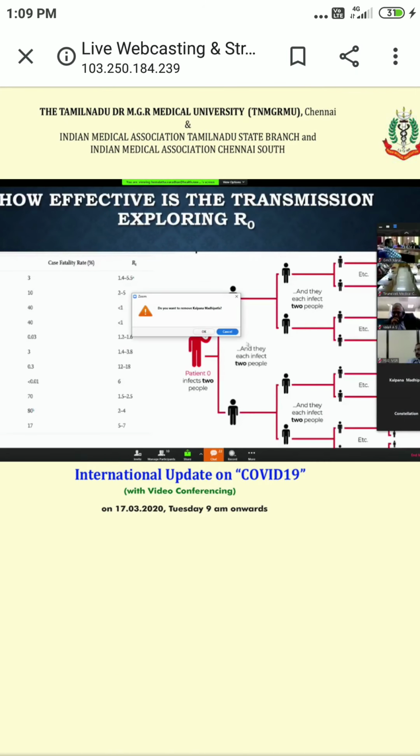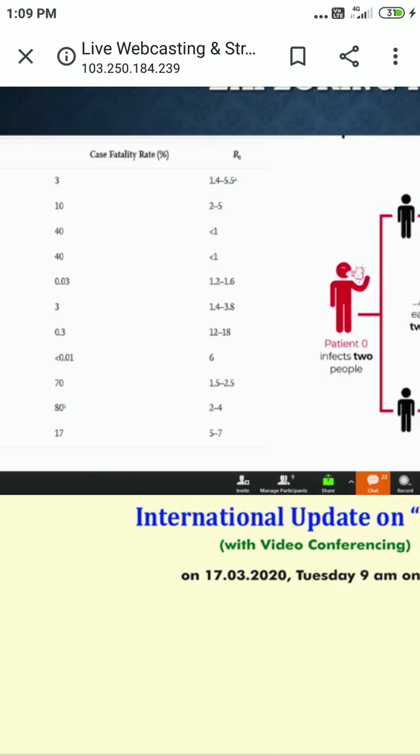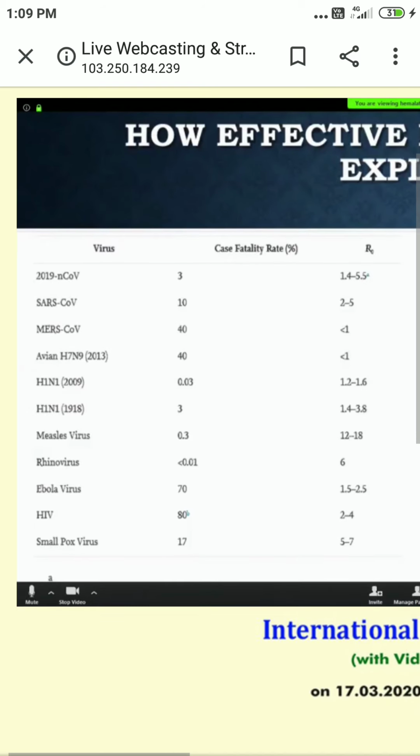I think the previous speaker mentioned the R0 and what it means in terms of epidemiology. So R0 is nothing but a measure of how many people can get infected from one person. Now, this differs from disease to disease. It depends on how the infection is spread, whether it's airborne or droplet transmission or fecal-oral transmission, and also depends on the existing immunity in the population.